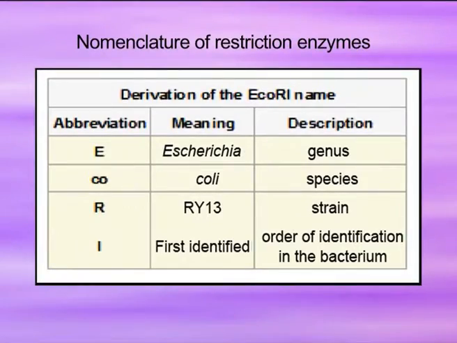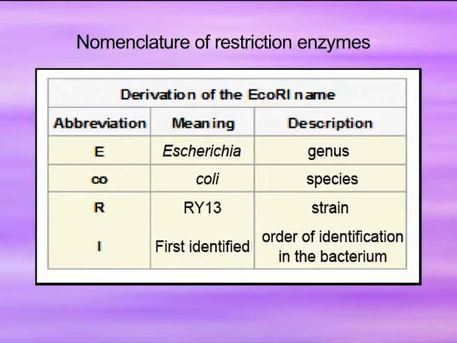After the discovery of a large number of restriction enzymes, there was difficulty in finding a name for each. Such a nomenclature was first adopted by Smith in 1973. A simplified version is in use today. So let us see how the nomenclature of restriction enzymes is given. For example, let us take a very common restriction enzyme, that is EcoR1.